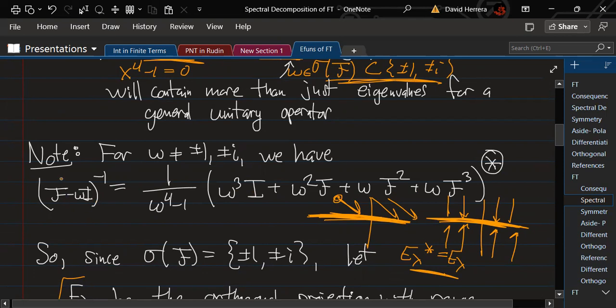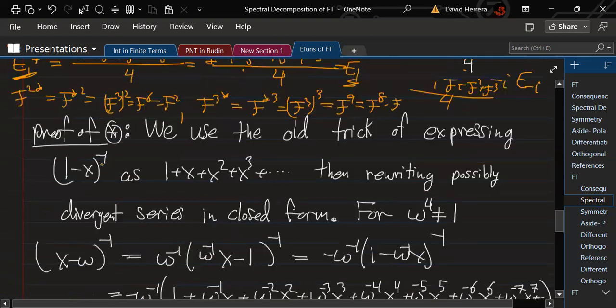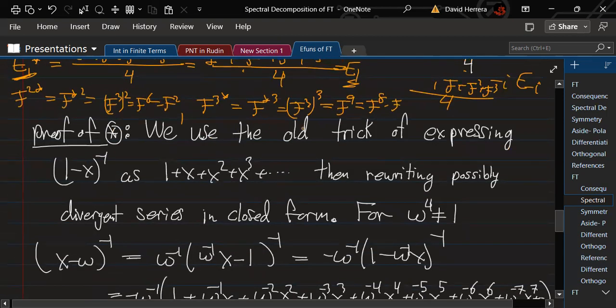The way we derive this identity is to use some formal power series. So, proof of the identity. We use an old trick of expressing this thing as 1 plus x plus x squared plus x cubed, etc. So this right here is true. This converges as long as the absolute value of x is less than 1.